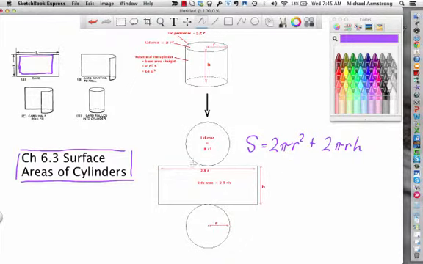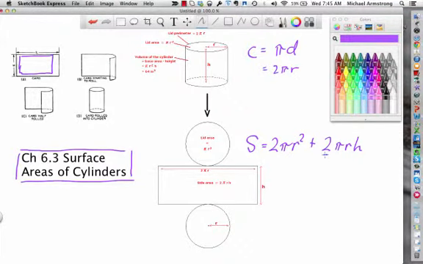This length here is the same as the circumference of the circle. If you unrolled it and made it flat, the circumference would be this length of the rectangle. And the circumference of a circle, if you remember, is diameter times pi, or pi times d, or 2 pi r.